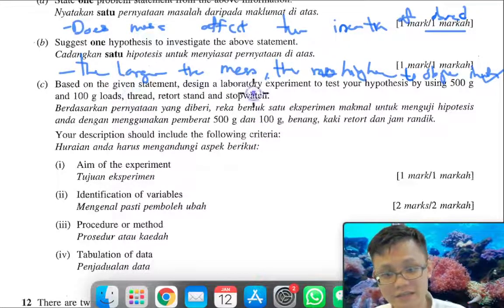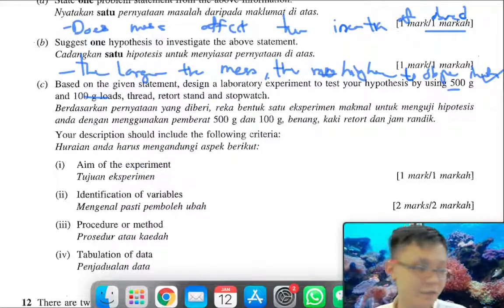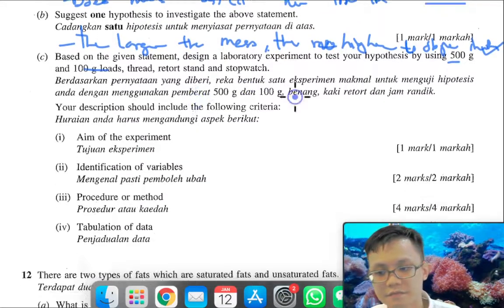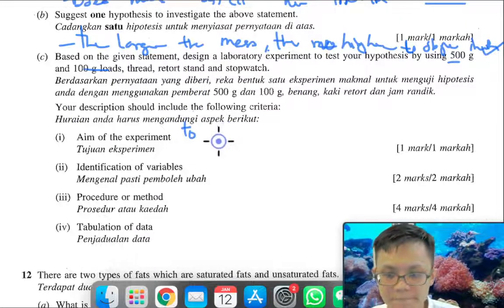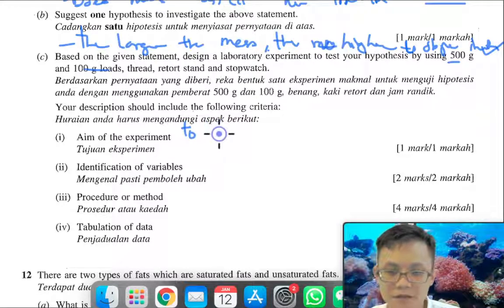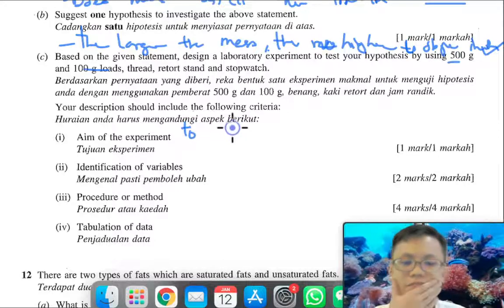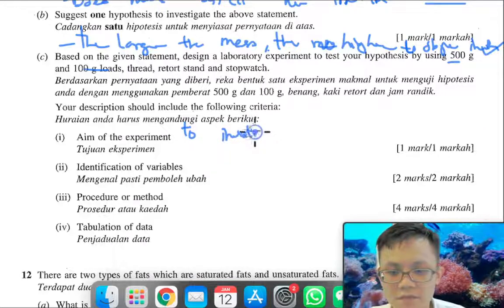Beyond the given statement, design a laboratory experiment to test a hypothesis of 500 and 100 grams. So what is the aim of the experiment? Aim of the experiment. To investigate.